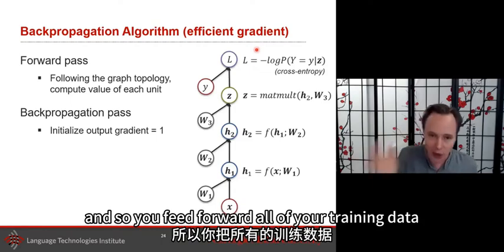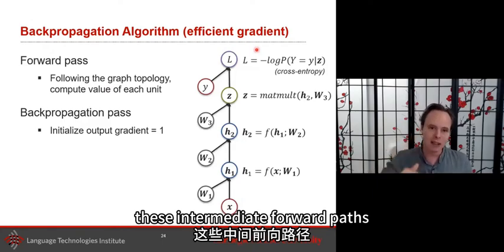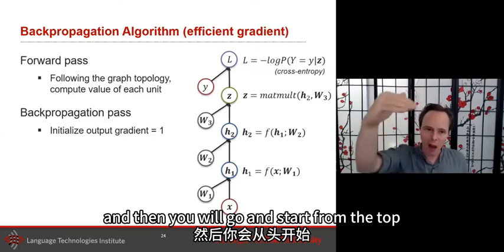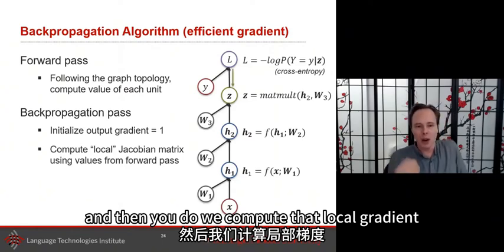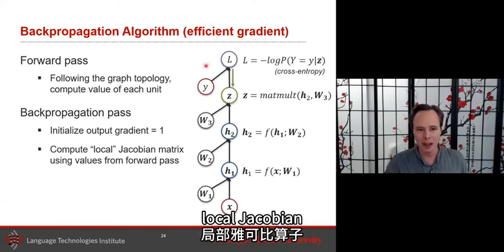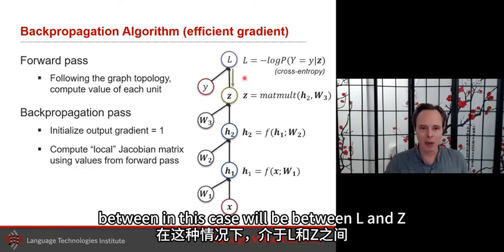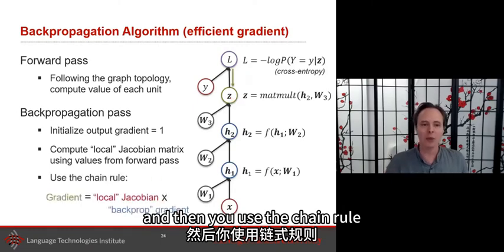And so you feed forward all of your training data, and that will allow you to compute these intermediate forward paths. Then you start from the top, and you initialize your gradient as 1, and then you compute that local gradient, local Jacobian here, which in this case will be between L and Z. And then you use the chain rule.